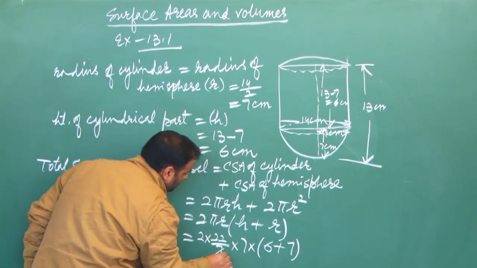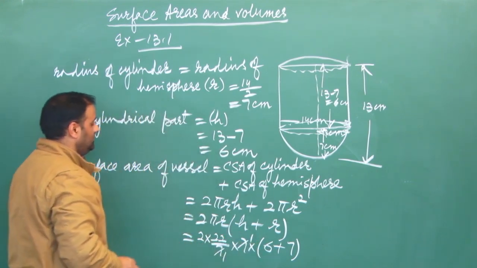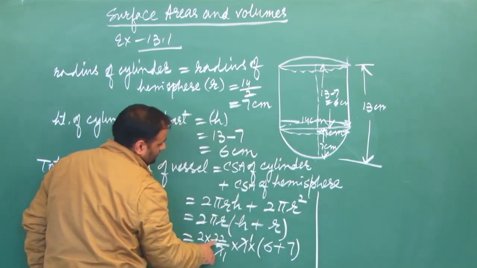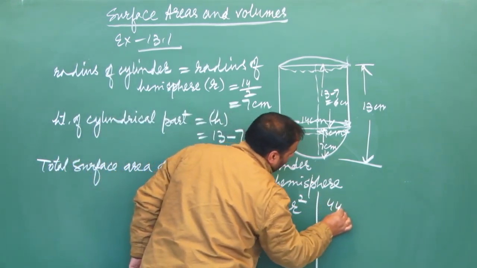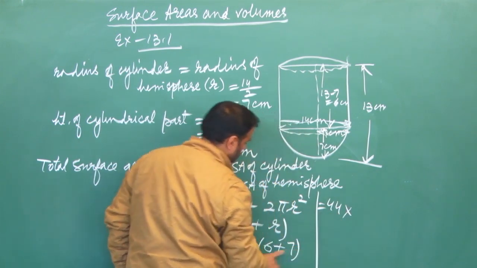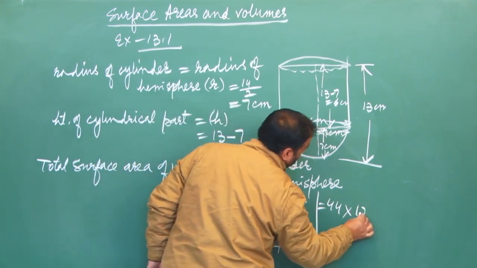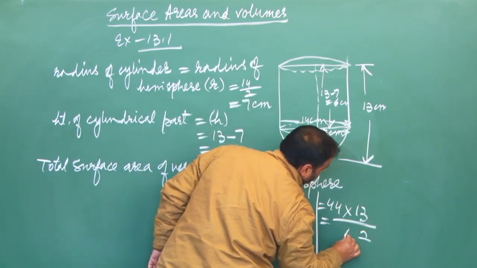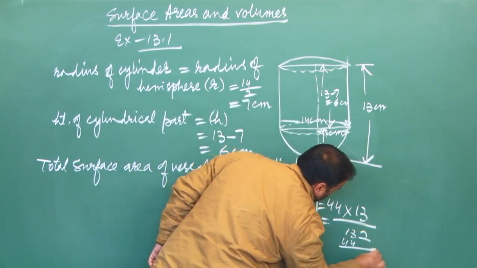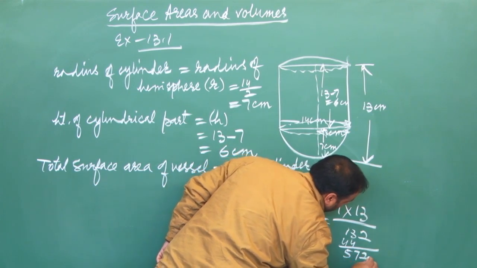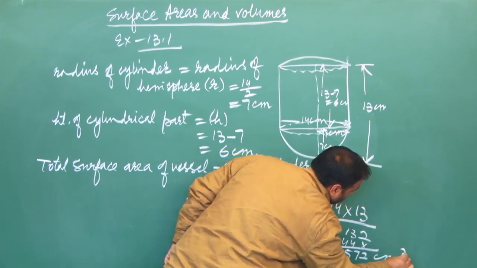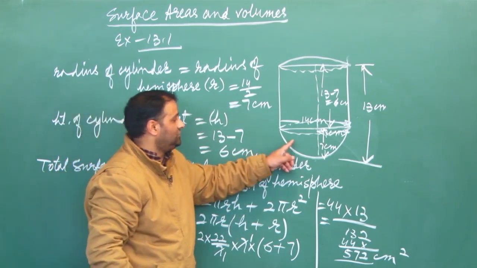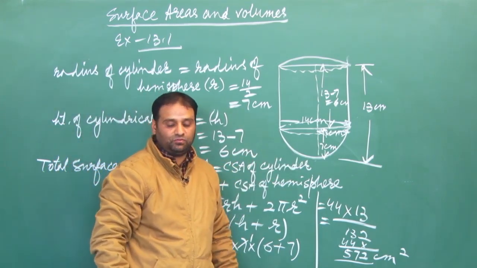So 7 and 7 are cancelled. 2 into 22 is 44, into 6 plus 7 is 13. Now 44 into 13 is 572. So the total surface area of the vessel formed is 572 centimeters square.